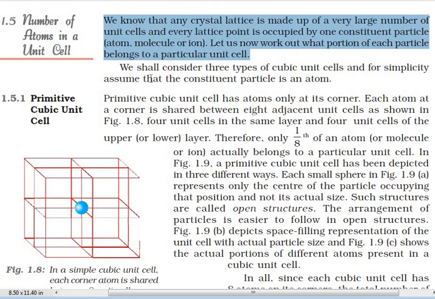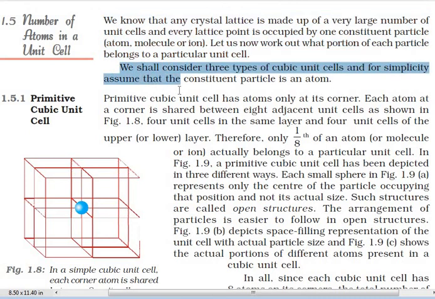So we shall consider here only main three types, that is primitive, body centered, and face centered cubic unit cells for the simplicity of their constituent particles. First we are going to learn the primitive cubic unit cell.